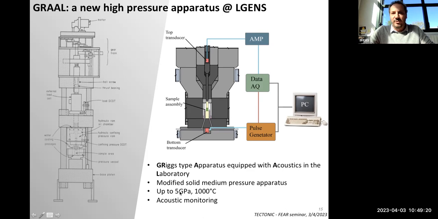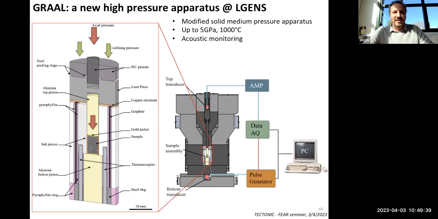It enables us to go to 5 GPa and up to 1000 degrees. The only modernity in all this is the add-on of those 2 transducers here. You have a top transducer and a bottom transducer that enable us to record and listen to the sample.